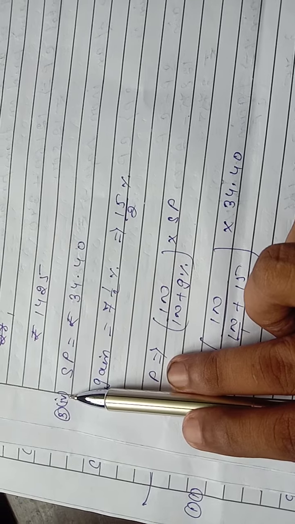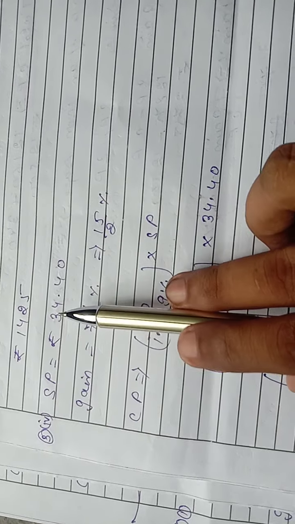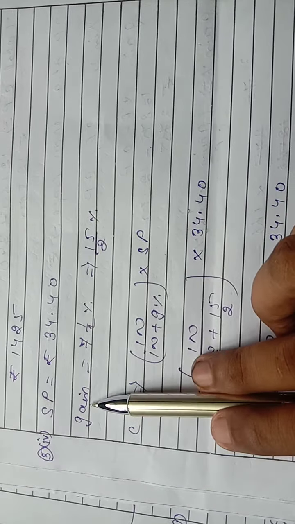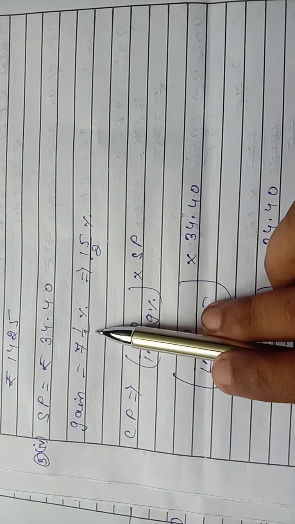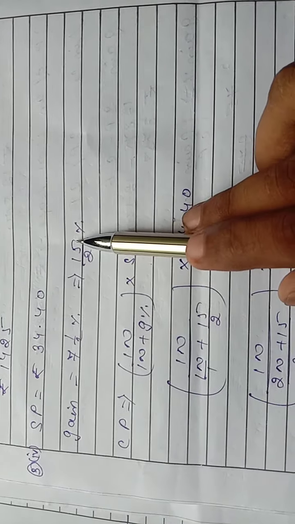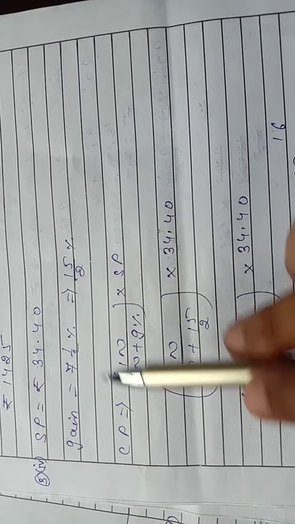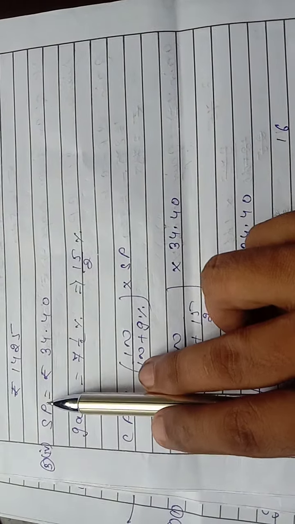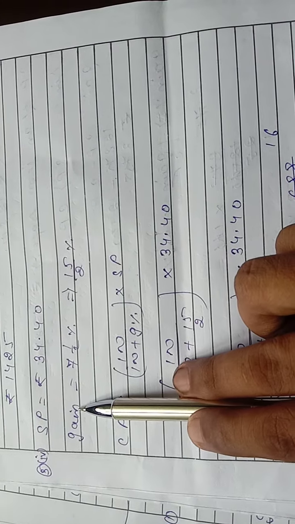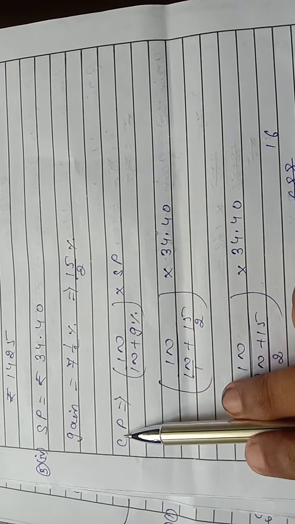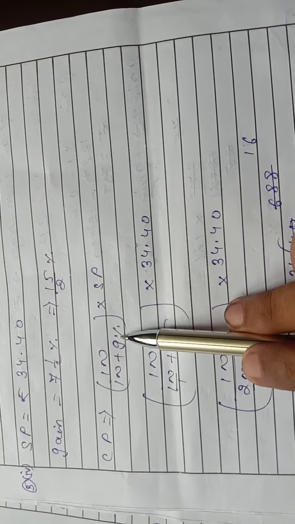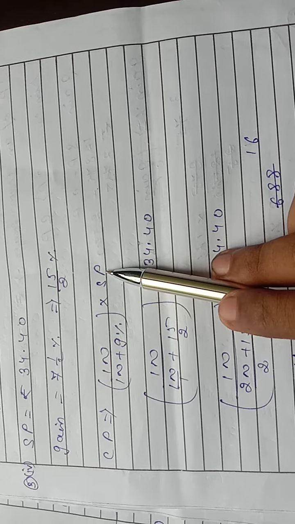Question number 3, number 4. Selling price is given as 34 rupees 40 paise. Gain, we have got it 7 by 2%, which is equal to 15 by 2%. Formula for CP, when we have got SP and gain percent, we know that formula for CP is equal to 100 divided by (100 plus gain percent) into SP.